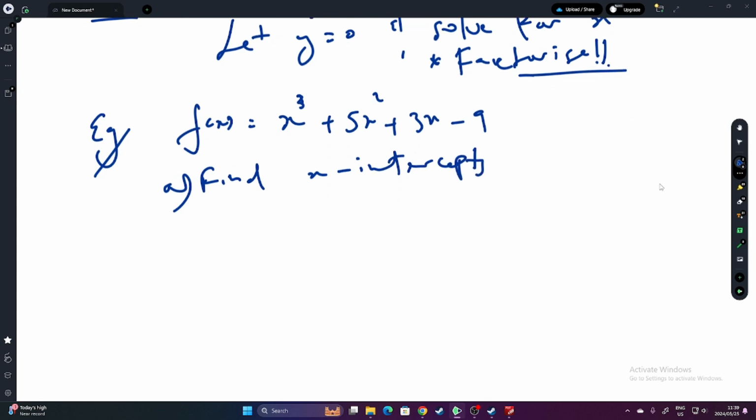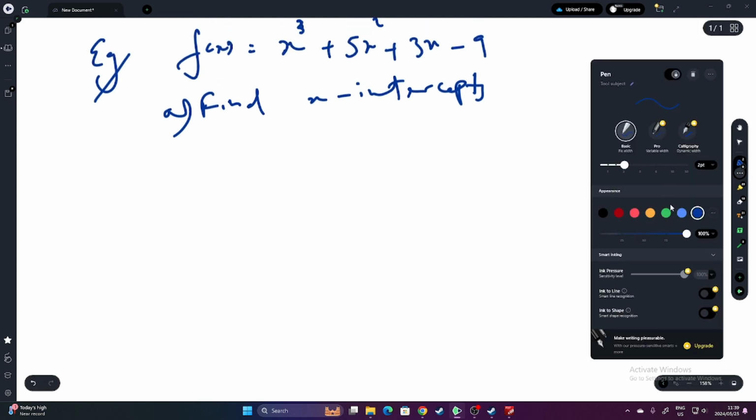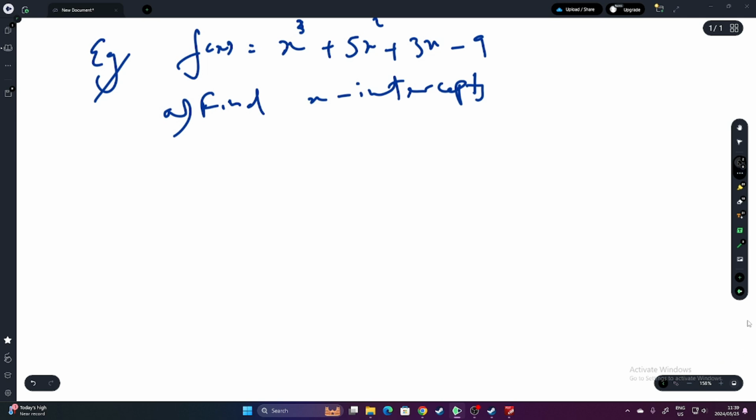So the first thing we would do is we'd say, okay, for this particular equation, let's set y equal to 0, right? And then we're going to work with it from there. Now, before we even begin with that usual typical step in finding an x-intercept, we need to apply what is known as the remainder factor theorem.